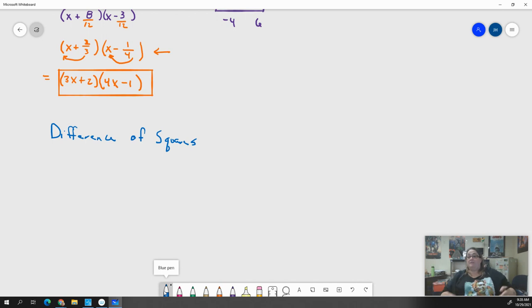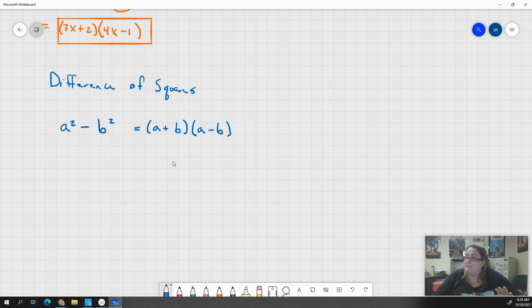And we're talking about the difference of squares. And what we're saying is that if we have something that's perfectly squared minus something else that's perfectly squared, our factors will be the square root of the first term plus the square root of the second term times the square root of the first term minus the square root of the second term. What does that mean?